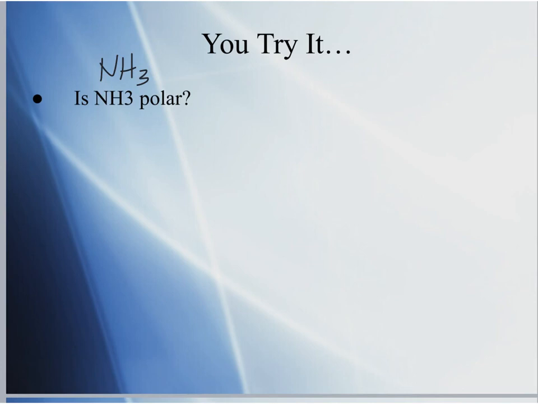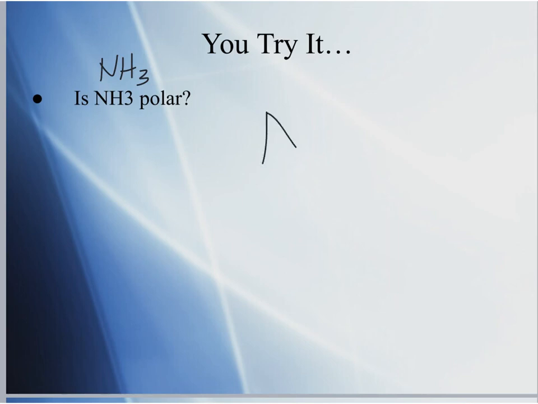Then, if it's a polar bond, draw arrows to show who's the electron hog. And then finally, look at the arrows and see if they are pulling in equal and opposite directions, or if they're all adding together towards one direction. So go ahead and pause and do this for NH3, and then you can unpause and I'll go over it with you.